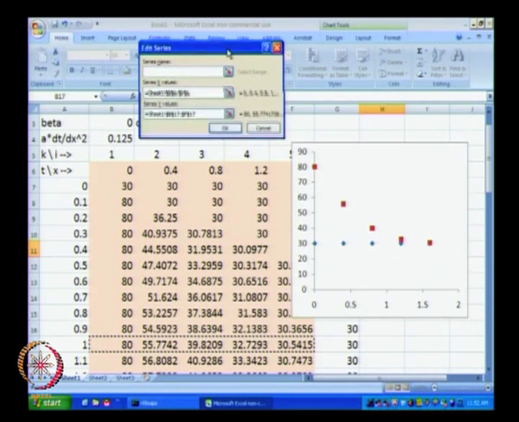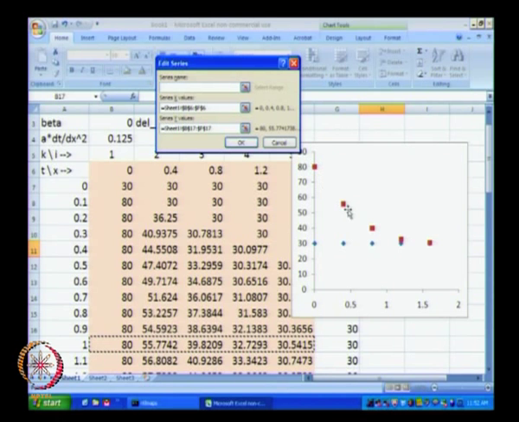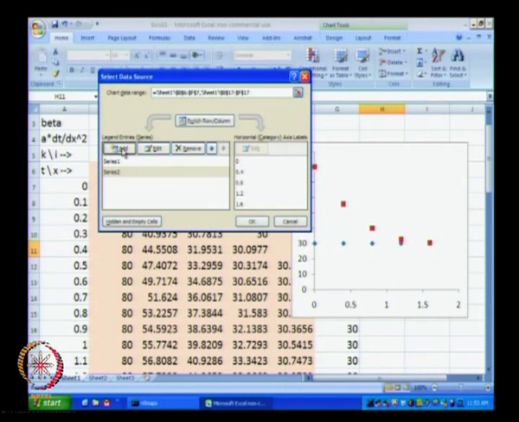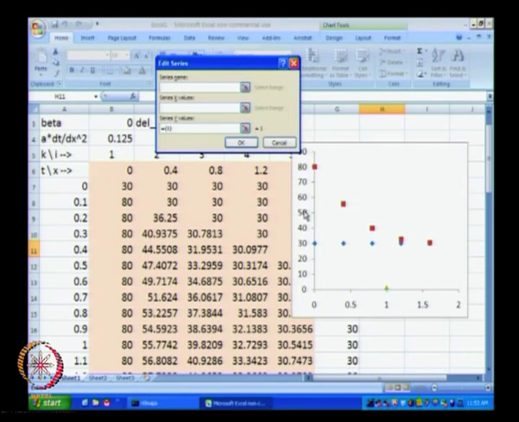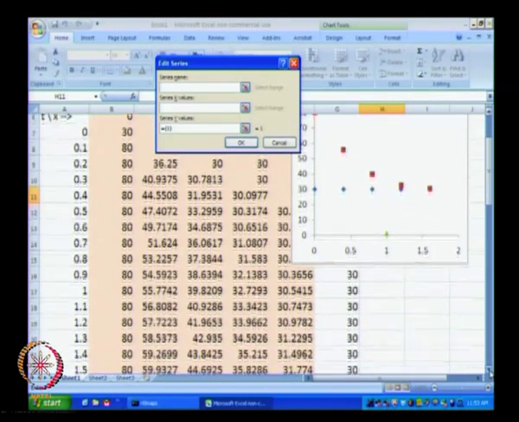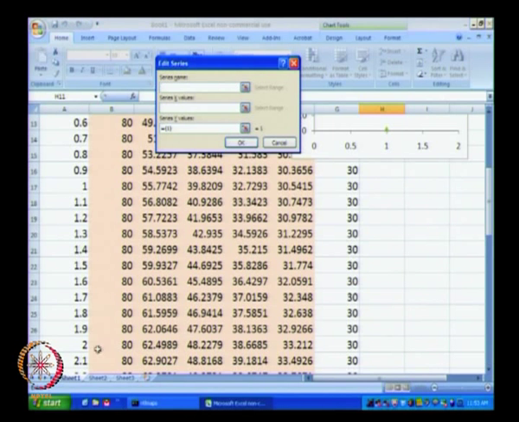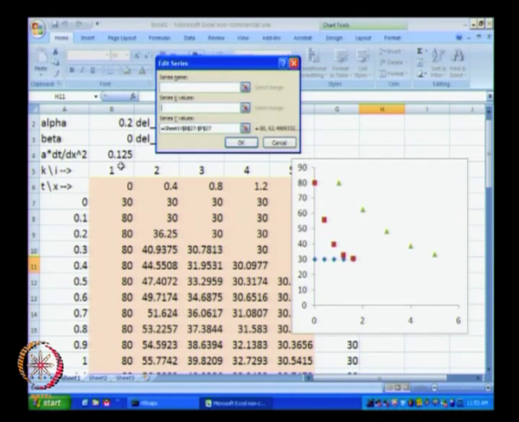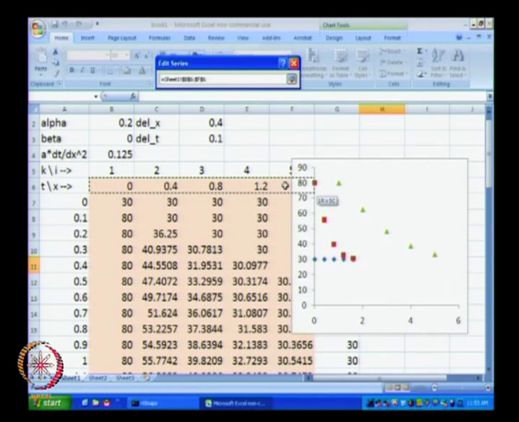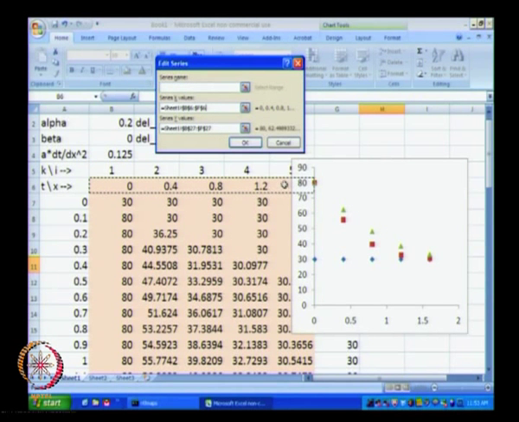So this is how the temperature looks after 1 second, not 1 minute. Then we will have the temperature value along the length of the rod at the end of 2 seconds. So the y values should be these, and the x values are going to be this.